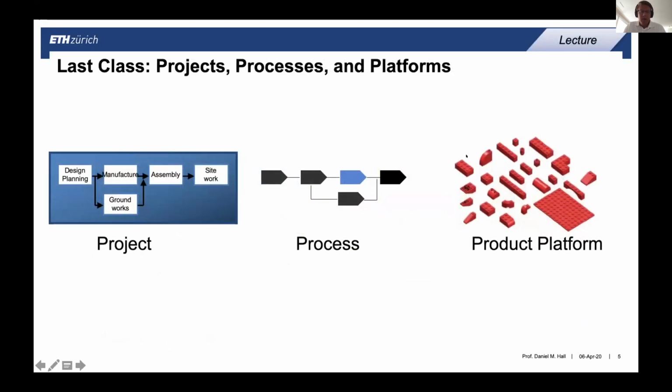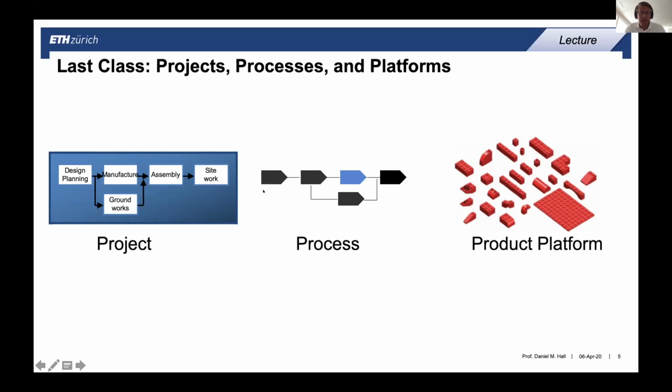And then the second thing I'll remind you from last week is that we talked about the difference between projects, processes, and platforms. And here are just 3 very quick representations, right? So you have a project, which is a specific period of time where you are working to complete a certain set of activities. So design and planning all the way through site work and the completion of the building.